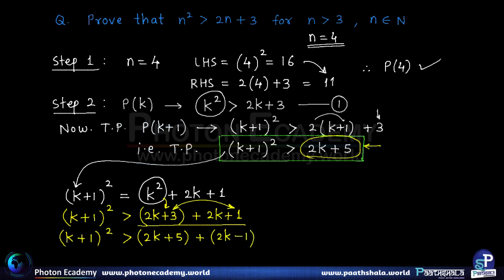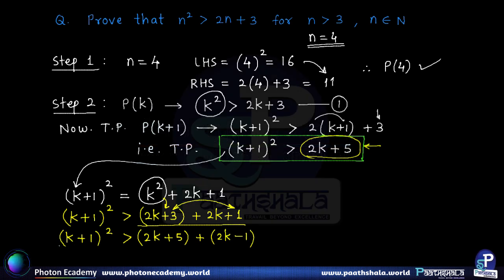Okay, now in order to prove that k plus 1 the whole square is greater than 2k plus 5, we must show that the remaining quantity has to be positive, because if it is negative then it may hamper the inequality, correct?